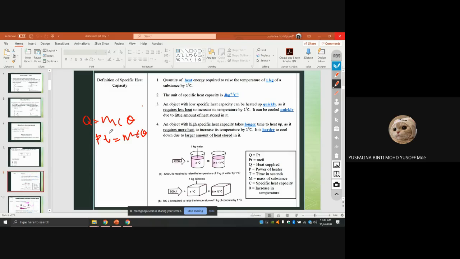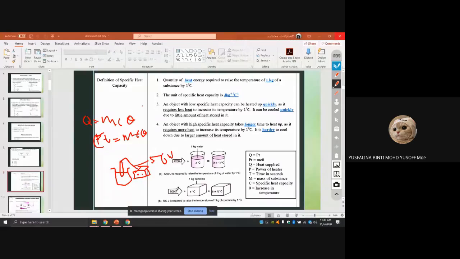So what is actually Pt? Let's say I have a beaker, and I use the immersion heater here and heat it up, connected to the power supply. Like this is the experiment for the trial exam. Let's say the power of the immersion heater is 50 watt.